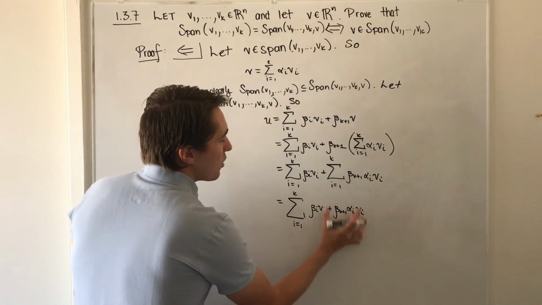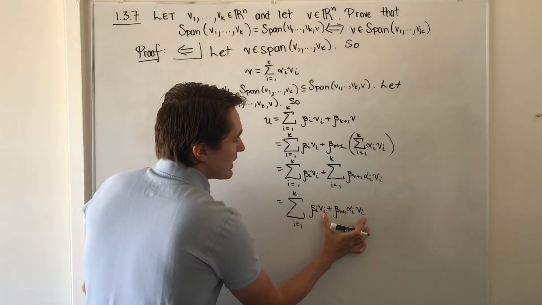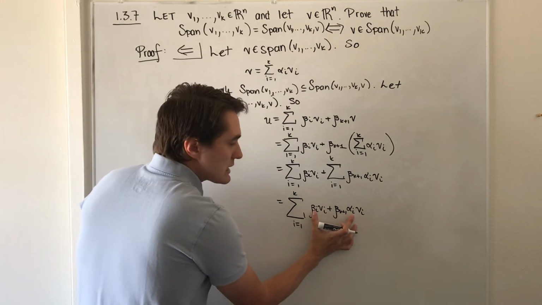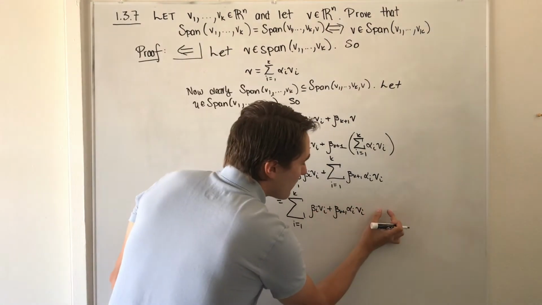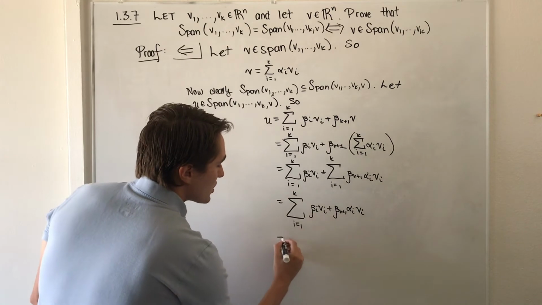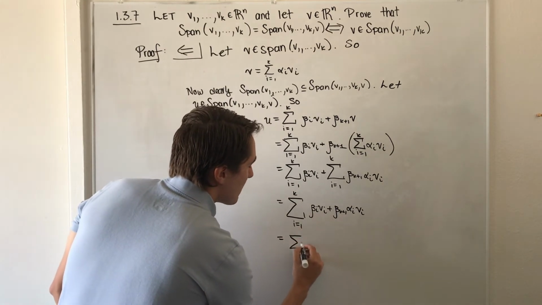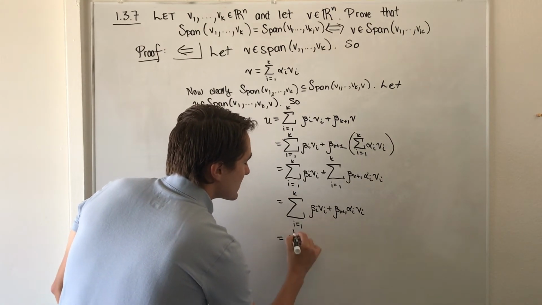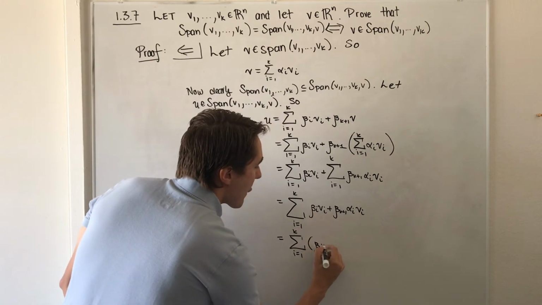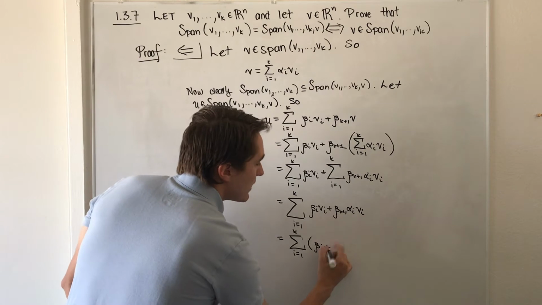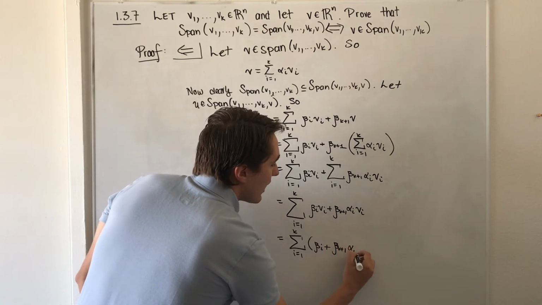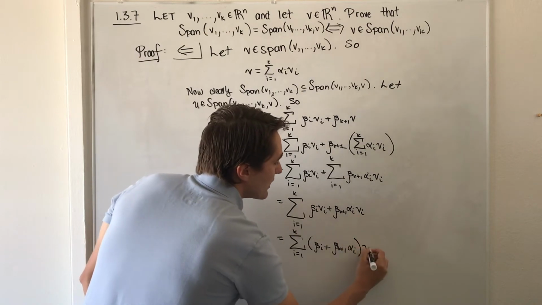Now I can pull out that vector Vi. These are vectors, the Vi's, and the betas and the alphas are coefficients. So I write the sum from i equals 1 to k of beta i plus beta k plus 1 times alpha i, and then I pulled out my Vi.